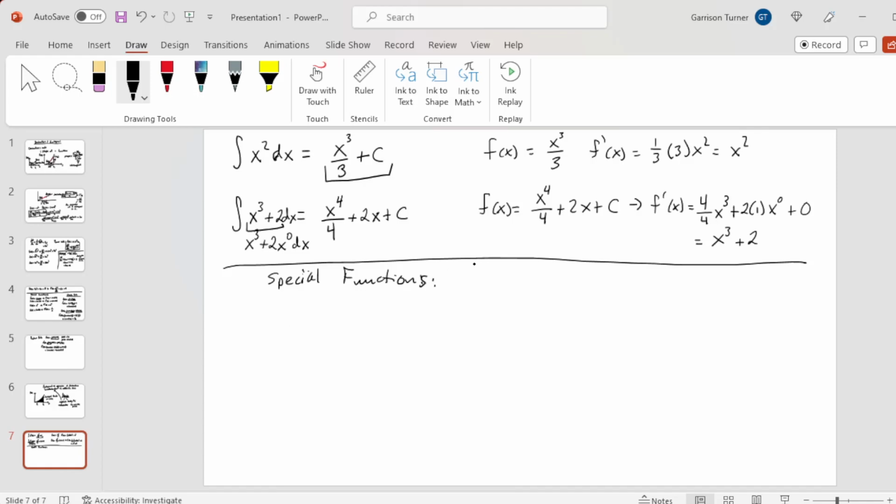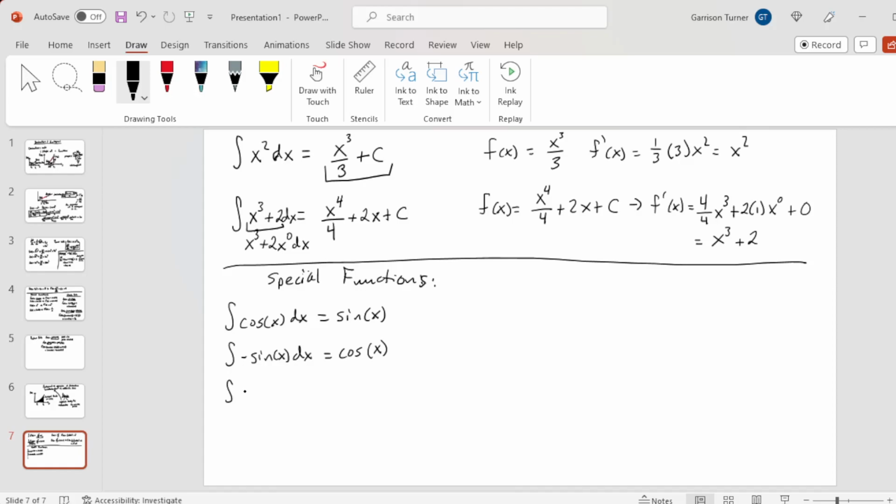Some integrations of some special functions. Well, the integral of cosine x dx is equal to sine x. The integral of negative sine x is cosine x.